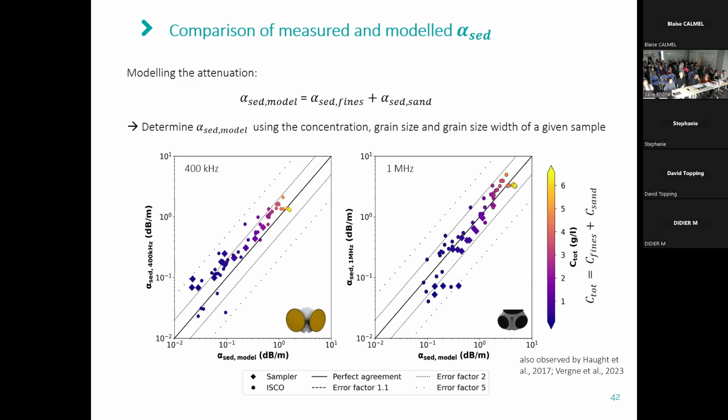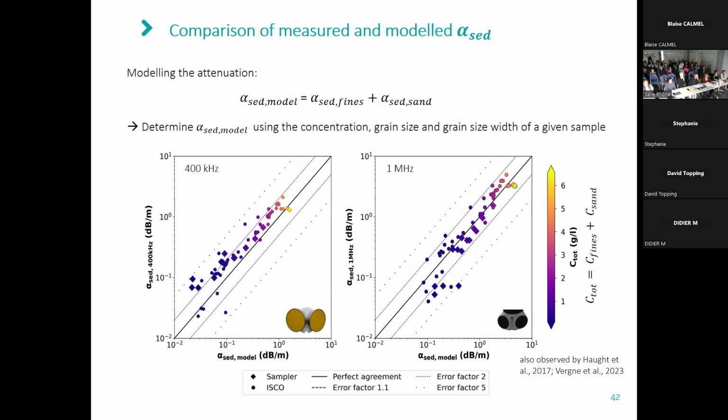I then determined this modeled attenuation here on the x-axis compared to our measurements. And here we can see that they are also within a factor of 2, and also that the 400 kilohertz tends to overestimate the measurements compared to the model.